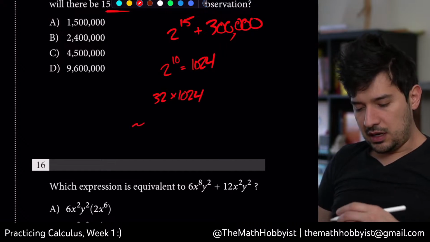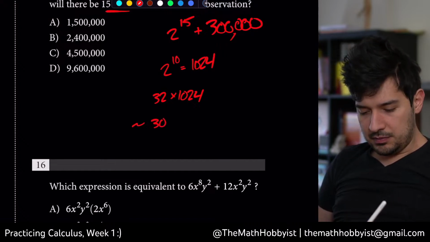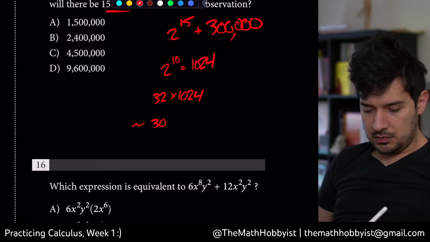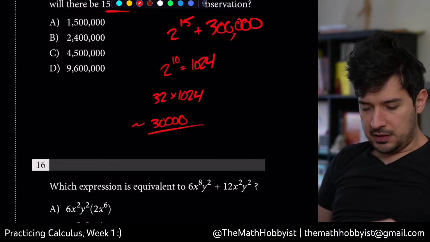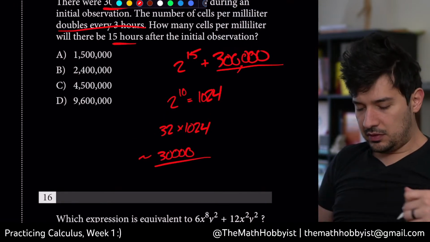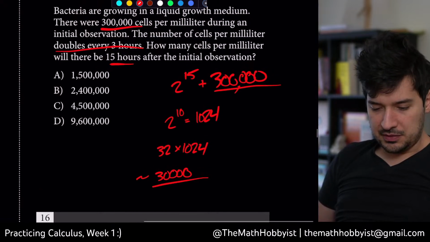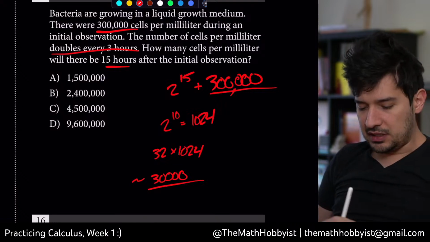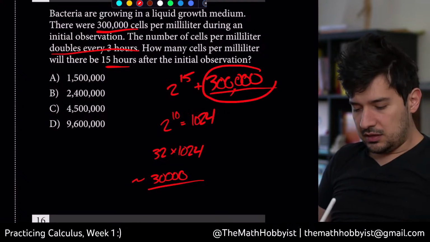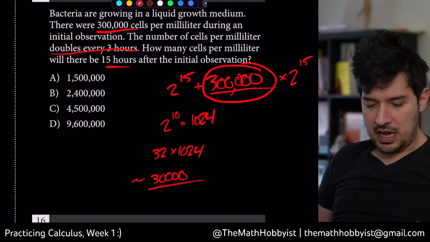So this is like about 30,000 plus 300,000. I got this wrong. I got this freaking wrong. Oh, yeah. It's not plus here. It's 300,000 times 2 to the 15th. Yeah, what am I doing?